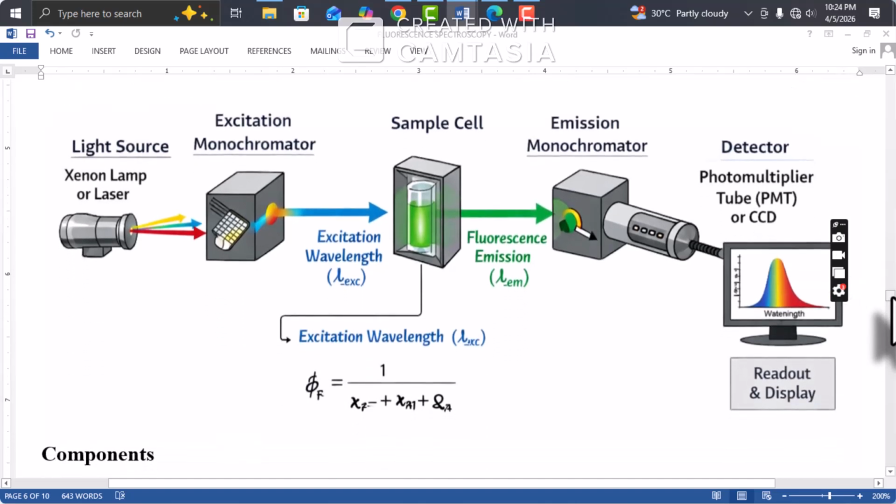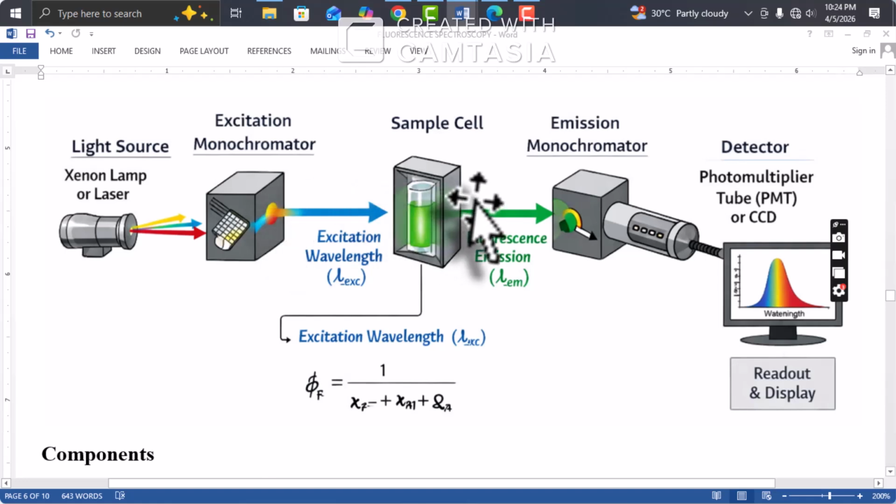In the schematic diagram, here you have the light source. Usually the light source is a xenon lamp or a laser. Excitation happens here, and this actually excites your sample.